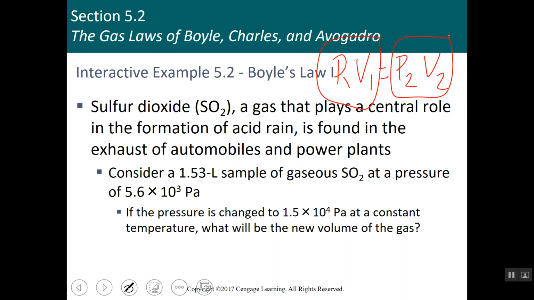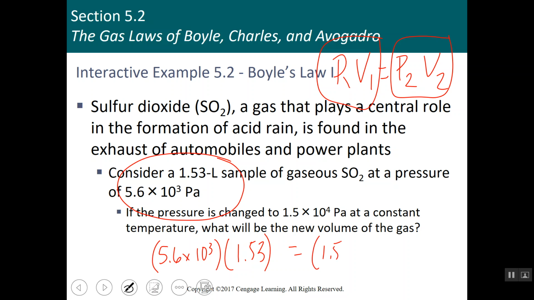So these are our initial conditions. We have a sample that's at 5.6 times 10 to the third pascal. We're going to take that times the initial volume of 1.53. What does that change to? It changes to 1.4 times 10 to the fourth pascal. And so what is that final volume that we're looking for?